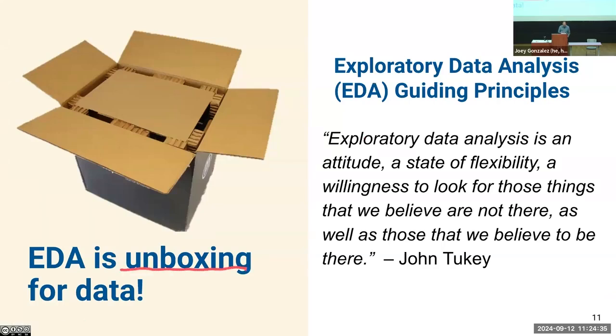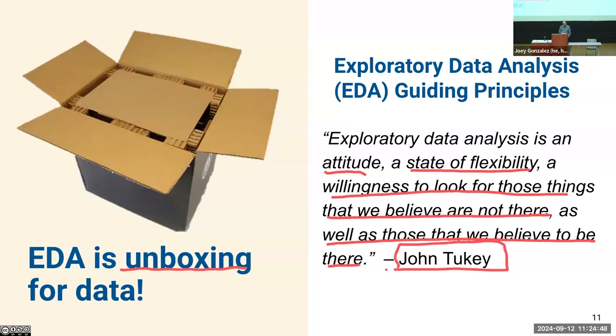And as I said, it's kind of an attitude, a state of flexibility, a willingness to look for those things that we believe are not there, as well as those that we believe to be there. This is by John Tukey, very famous guy, one of the early statisticians, early data scientists, invented the bit, a lot of work in computer science and statistics. So I like this because it's fun. It is also hard to teach, so we've built a mechanism to try to teach it.